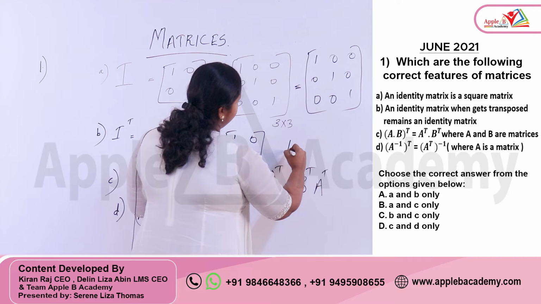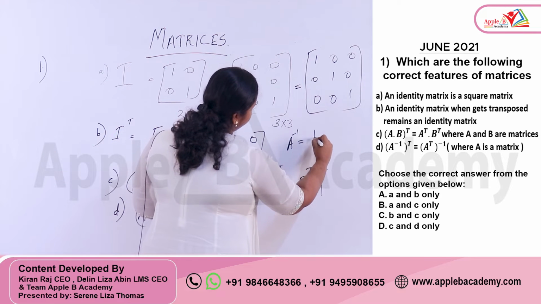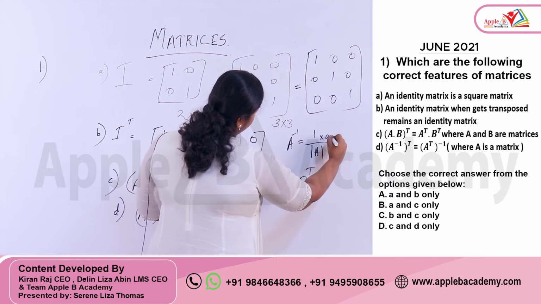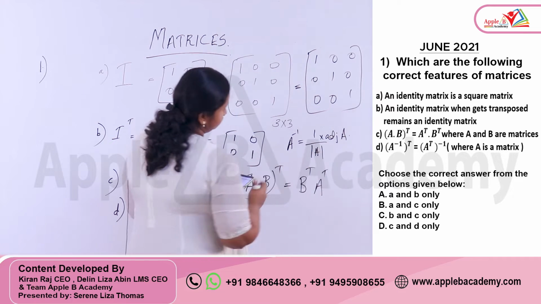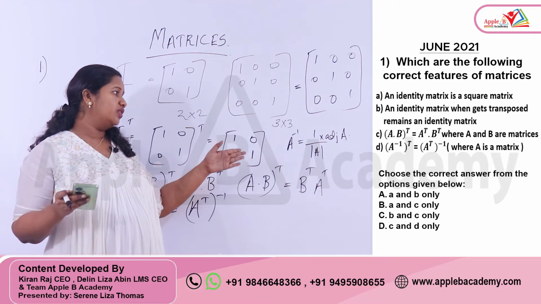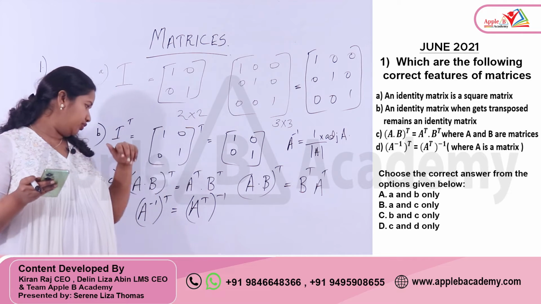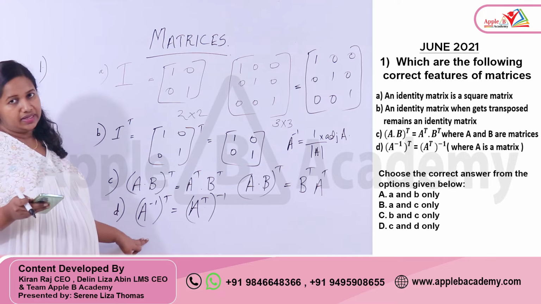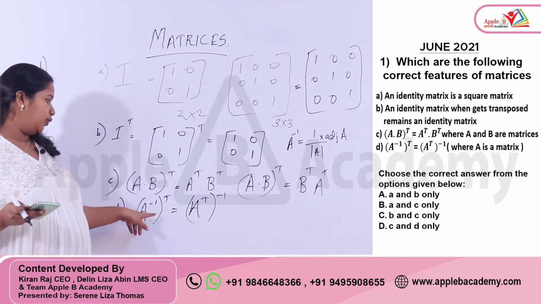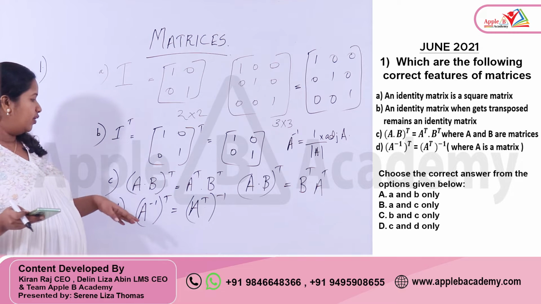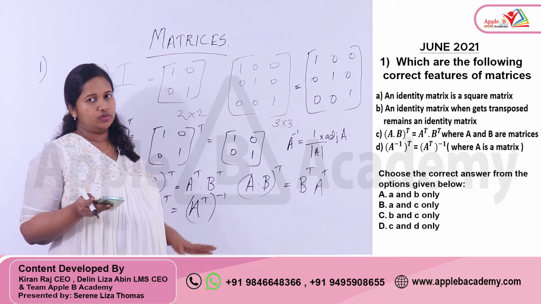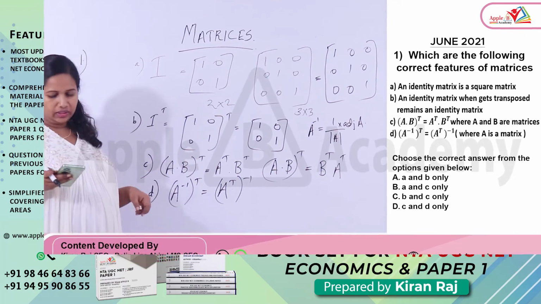Inverse of a matrix, A inverse, is equal to 1 by determinant of A into adjoint of A. This is how we find the inverse of a matrix. So, this statement is correct. If you first find the inverse and then take the transpose, that would be the same as first finding the transpose and then taking the inverse of it. So, statement D is also correct.